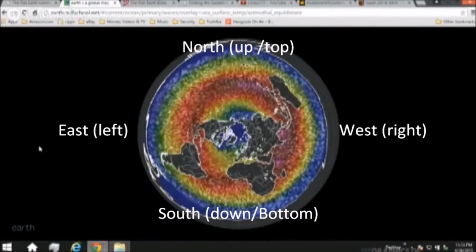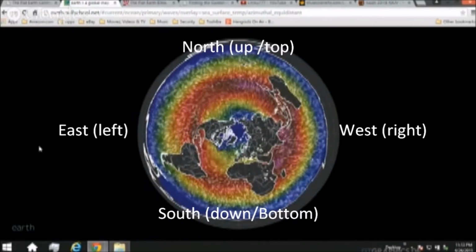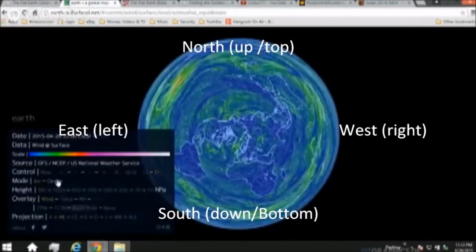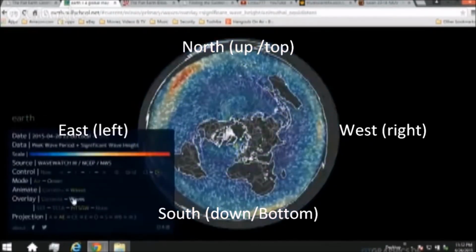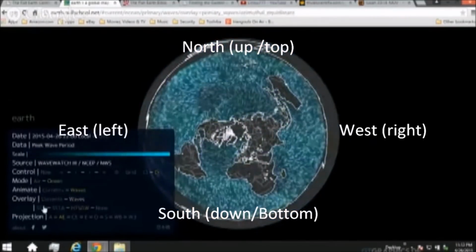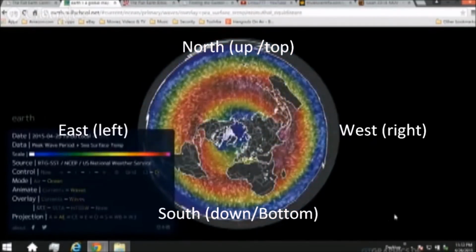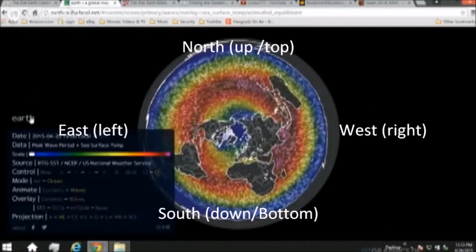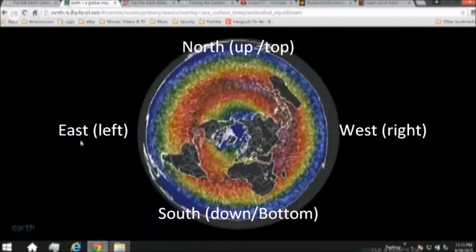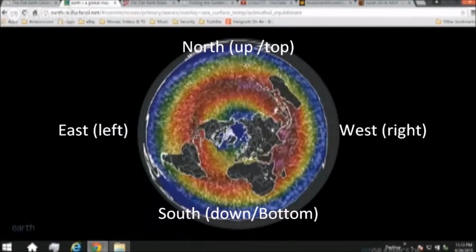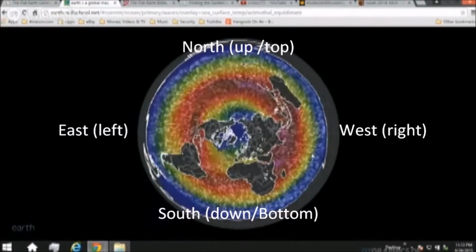But also, see how they're moving in opposite directions in the north and the south here. It's very hard to explain how that would work, unless you consider that the dome itself would possibly be separated here, and that one portion is moving in this direction and one is moving in the other.